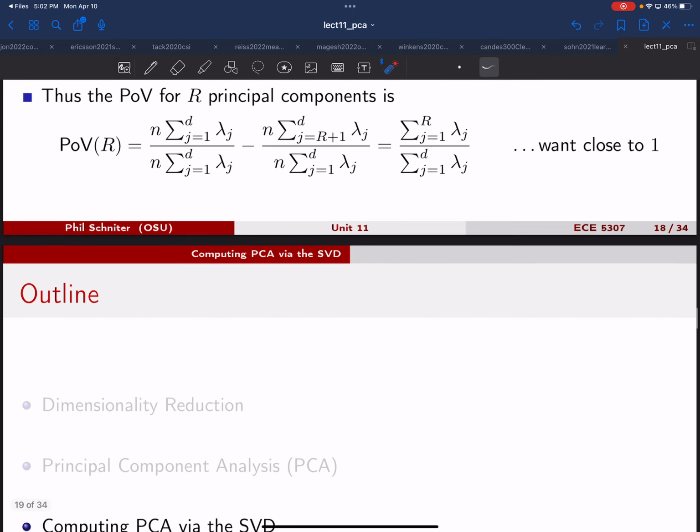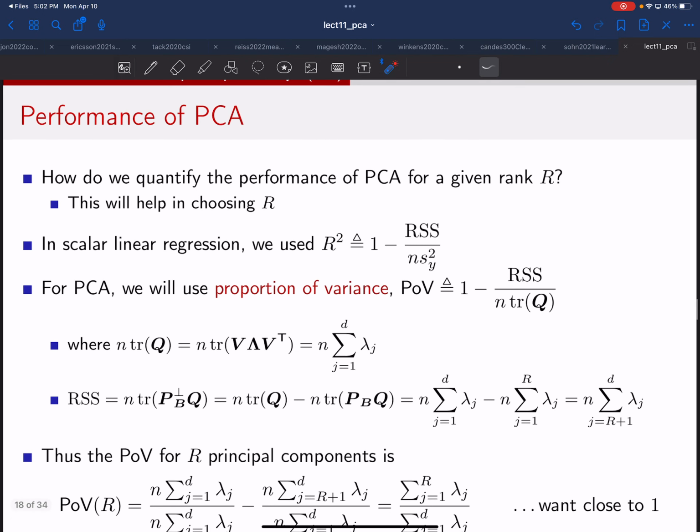Okay, so the last thing we'll do today is talk about how we quantify the performance of PCA versus rank. We have this idea that as the rank goes down, approximation gets worse, and so it's important to know how bad it's going to get. So we can use a technique similar to linear regression. For linear regression, we use R squared.